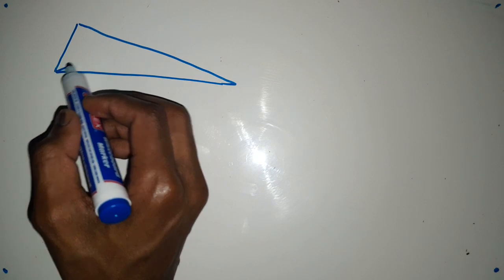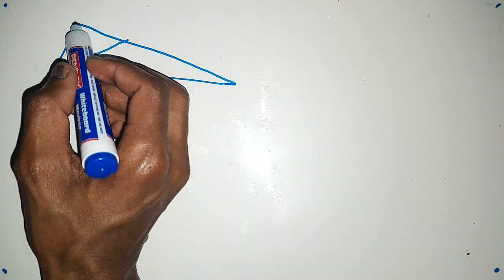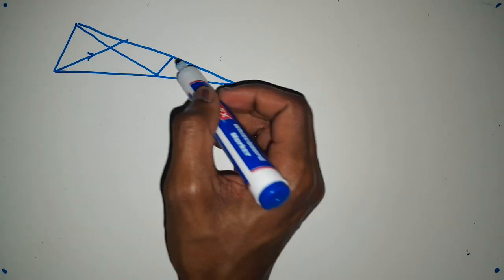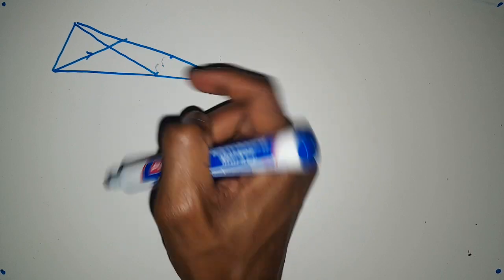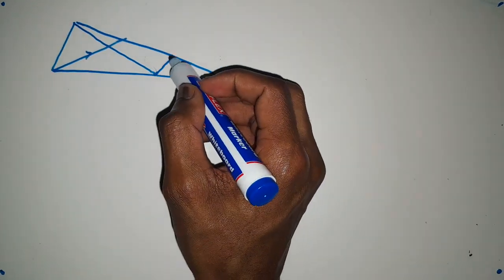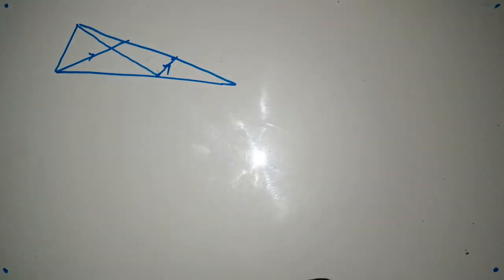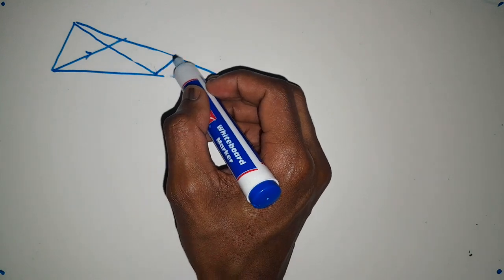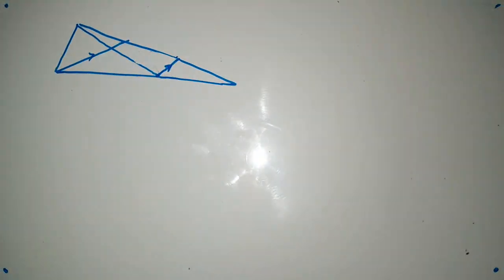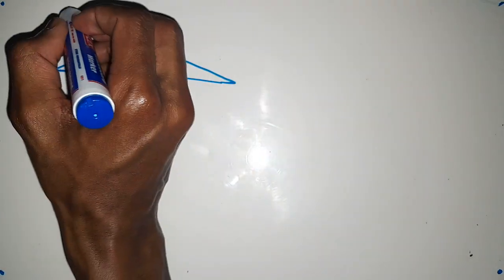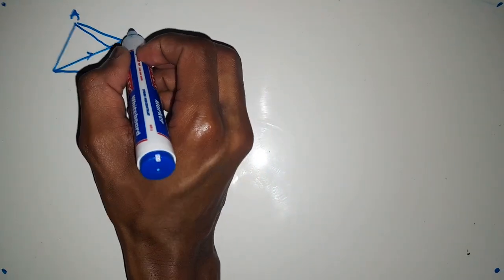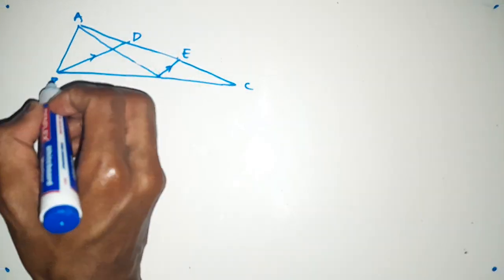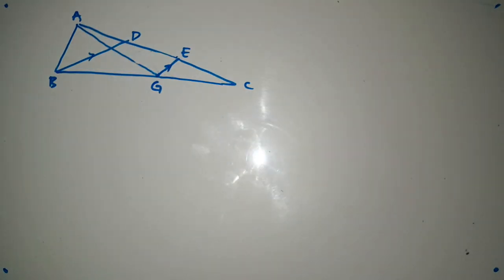Oops, this is just a sketch. Let me try to fix it a little bit. Yeah, like this. Then let's say somewhere here we have A, D, E, C, B, G, like this.